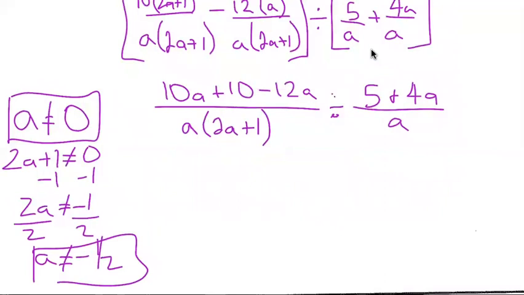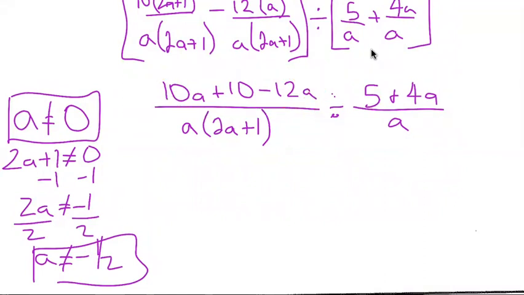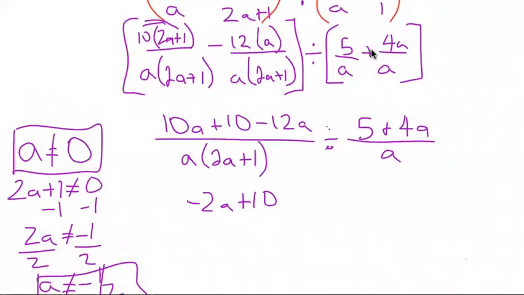I'm going to simplify the top of my numerator on this side at the same time that I'm going to flip and multiply this side. This is going to give me -2a plus 10. Oh no, I screwed that up.